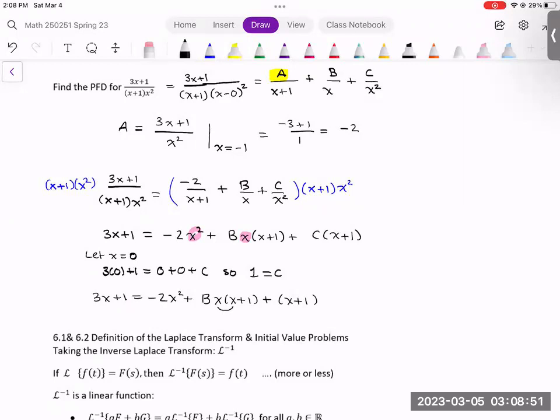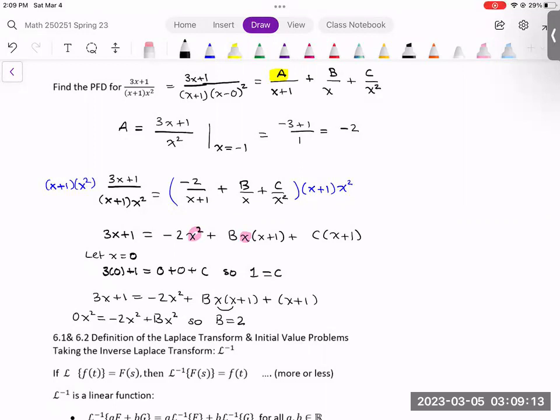So on the left-hand side, we have 0x squared, and on the right-hand side, we have -2x squared plus bx squared. So that must mean that b equals 2. We could have also evaluated at other x values, and that would be fine as well.